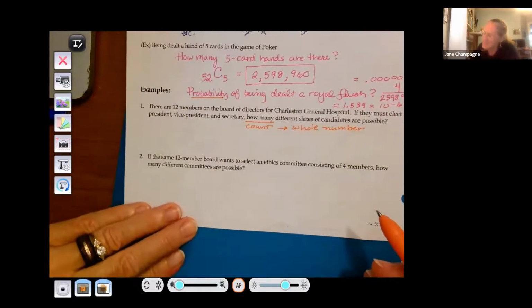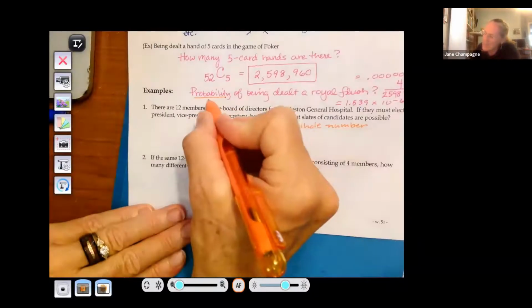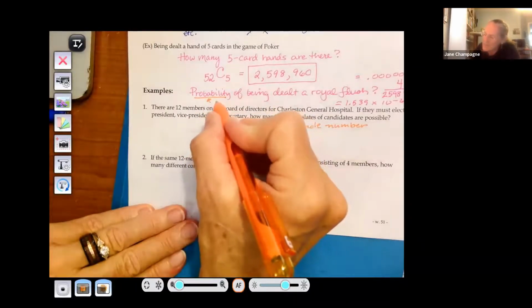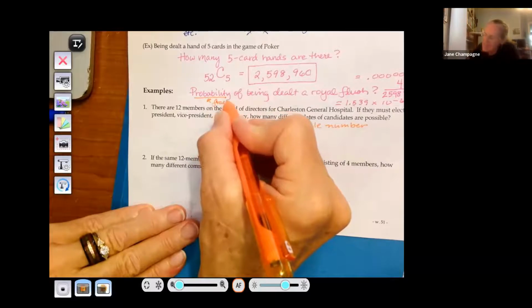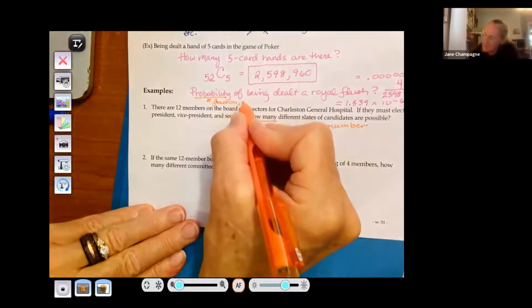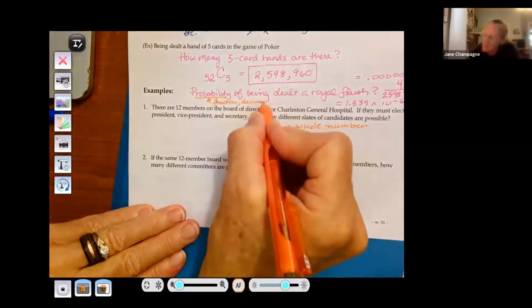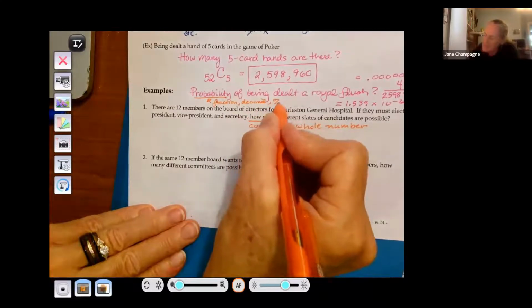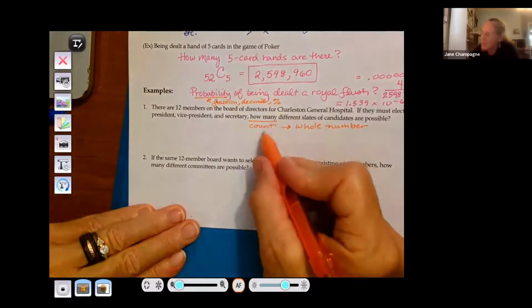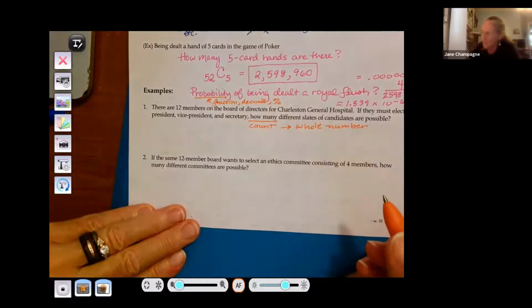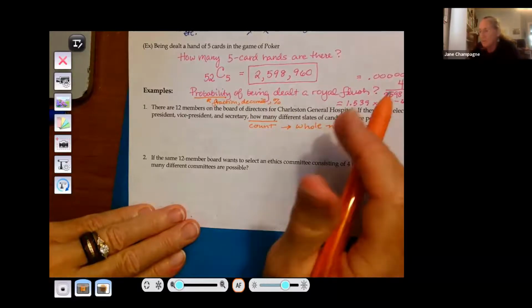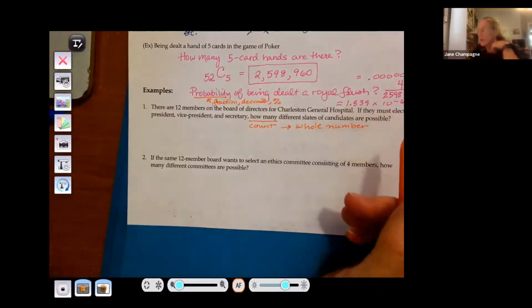All right. The probability is a fraction, decimal, or percent. How many is a count? A whole number. All right, and that's what these counting rules are for.